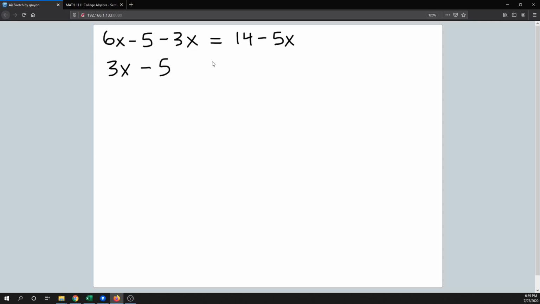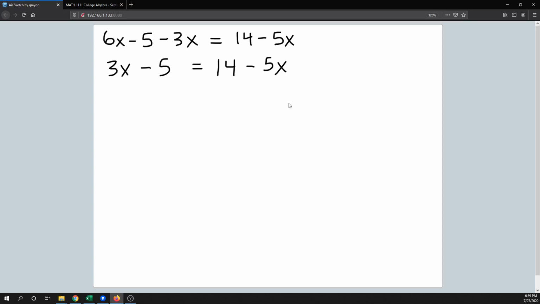Over on the right hand side, we have 14 minus 5x, and that is as simple as it's going to get. We do not have any like terms there, so I'm just going to rewrite that here. Now we have each side as simple as we could possibly get it. There are no more simplifications that we could do.